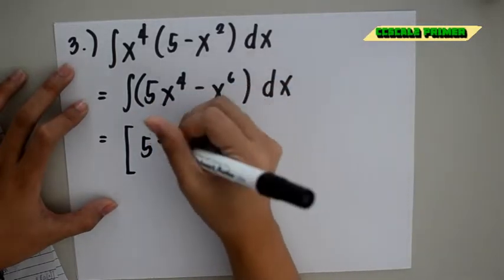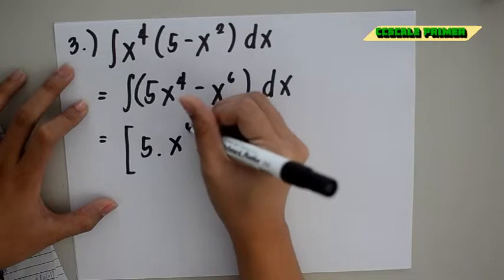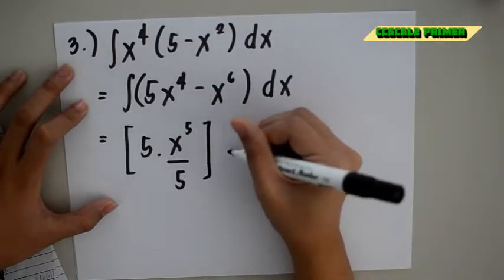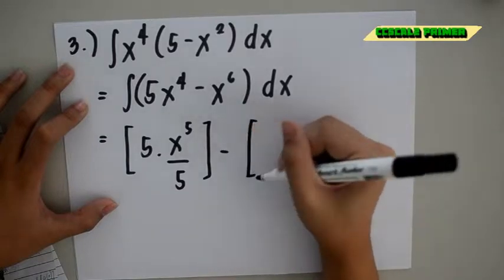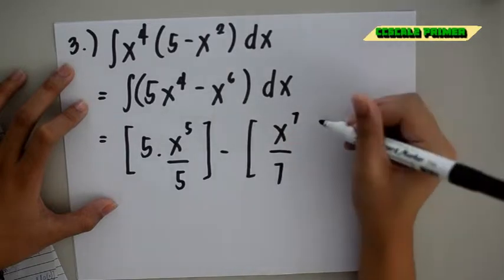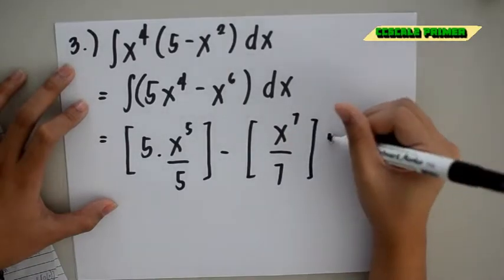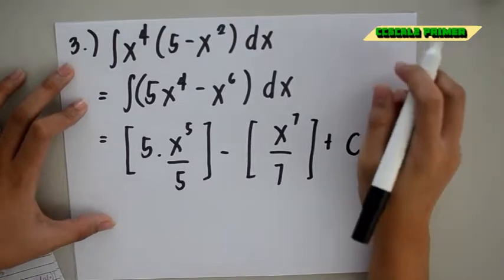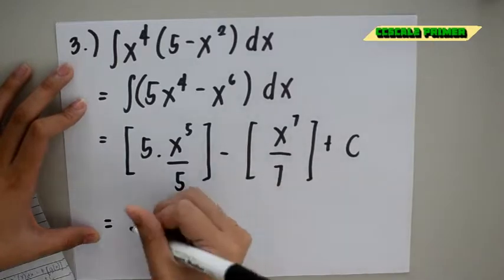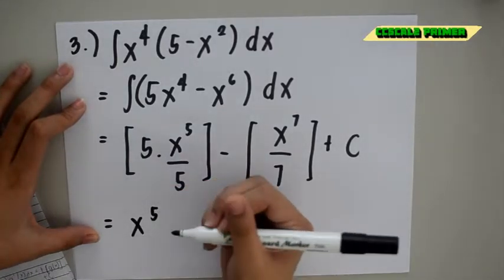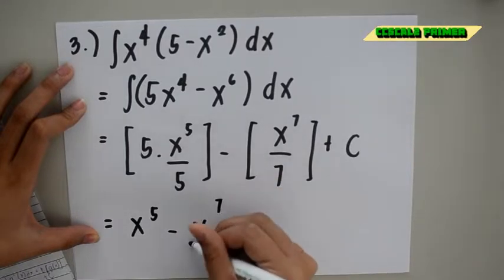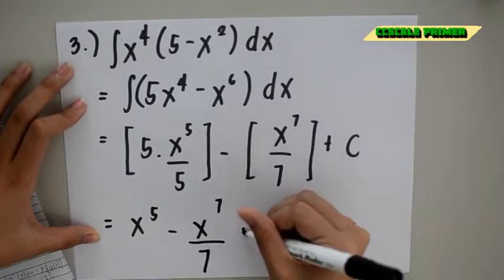And then, we increase the value of the exponent by 1 in each of the expressions, and include the constant of anti-differentiation. The final answer becomes x raised to the 5 minus x raised to the 7 over 7 plus c.